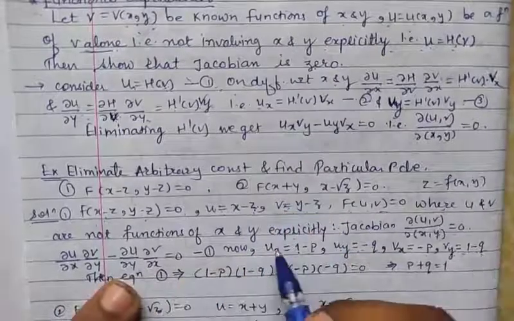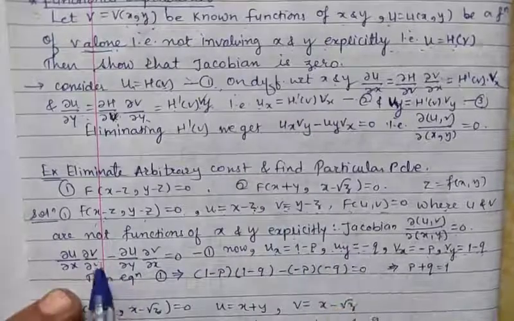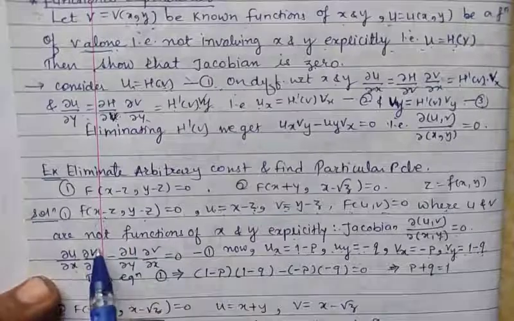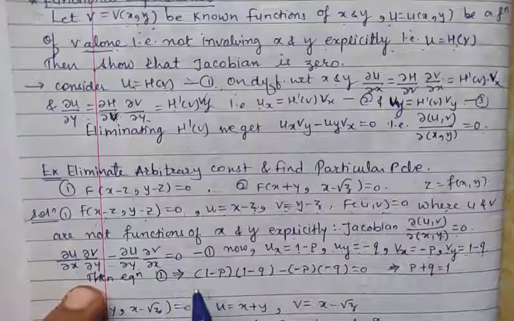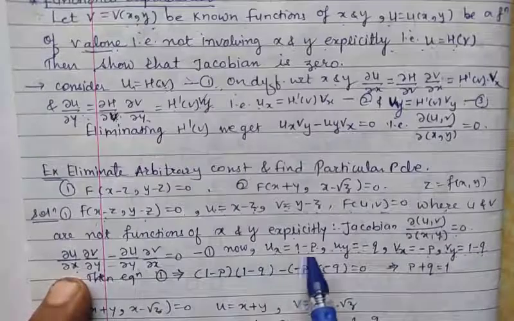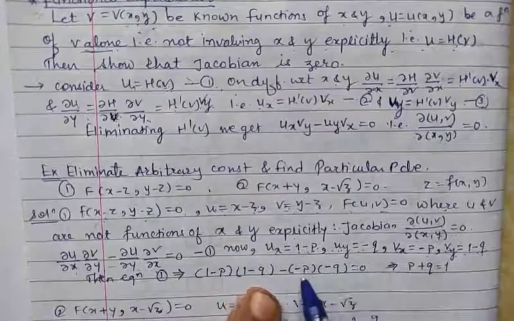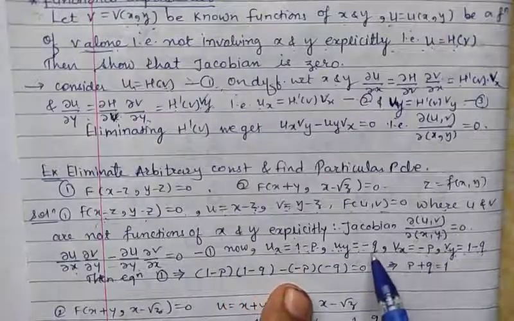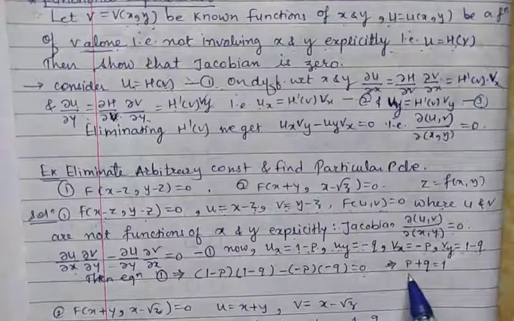So we get ux, uy, vx, vy. Using these values in this equation, ux, vy, uy, vx, and substituting, we get (1 minus p) into (1 minus q), minus (minus p) into (minus q) equal to 0. After solving, we get p plus q equal to 0.